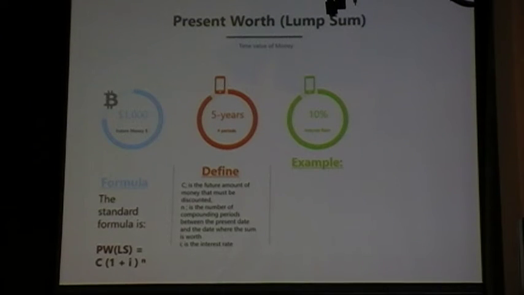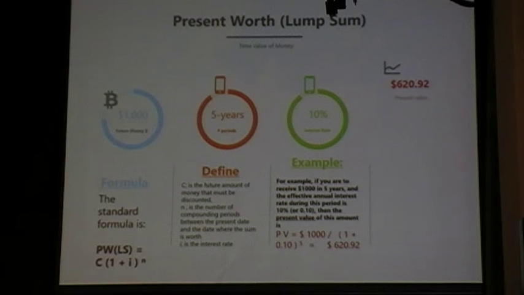We take the formula, which is very simple, and we define the formula. We're going to take this amount of money, $1,000, and look at it in 5 years at an interest rate of 10% and try to decide what we want to do, right? And so, if you are to receive the $1,000 in 5 years at 10%, what can you take today?